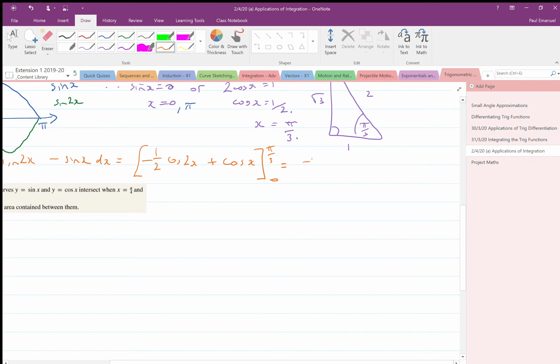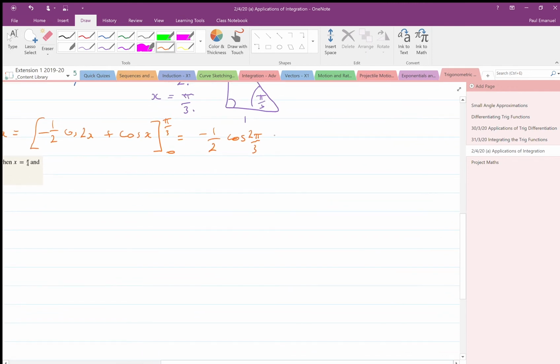Okay. Negative a half cos 2 pi over 3 plus cos pi over 3, minus, and then it's cos 0, so it's minus a half cos 0 plus cos 0.